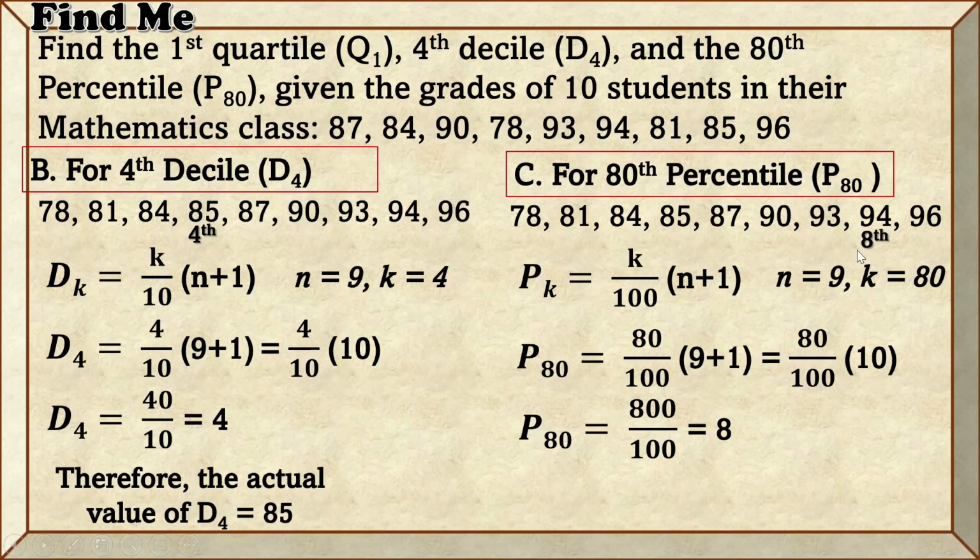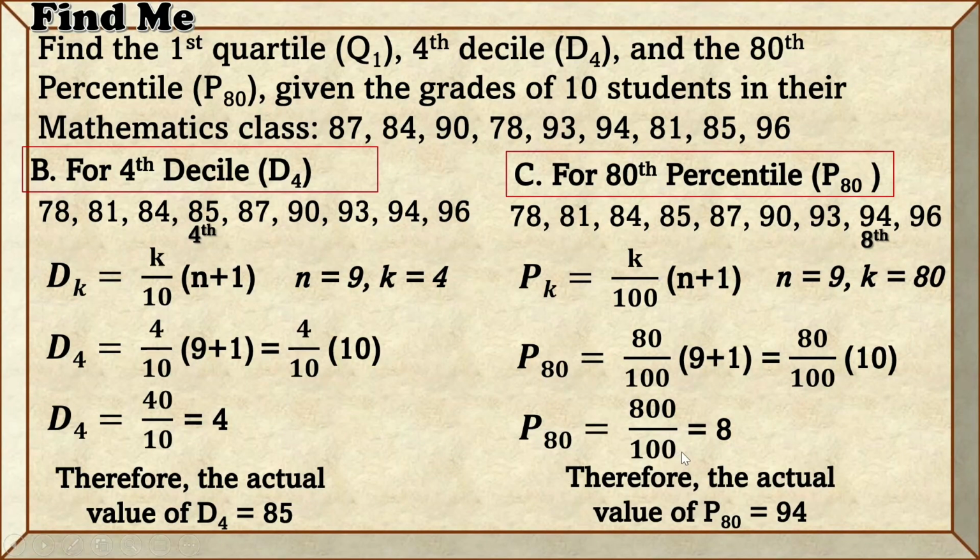So, ang 8th score natin dito is 94. Since the result in the position of 80th percentile is a whole number, hindi na natin kailangan mag-interpolate. So, ang value ng 80th percentile is 94.